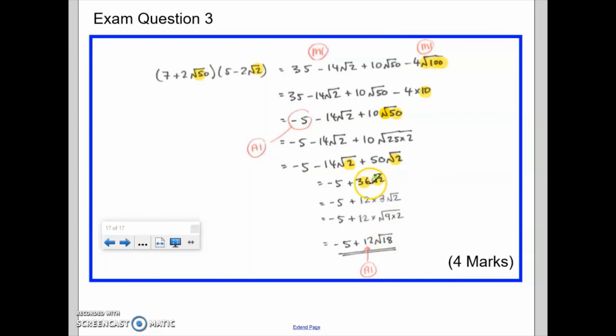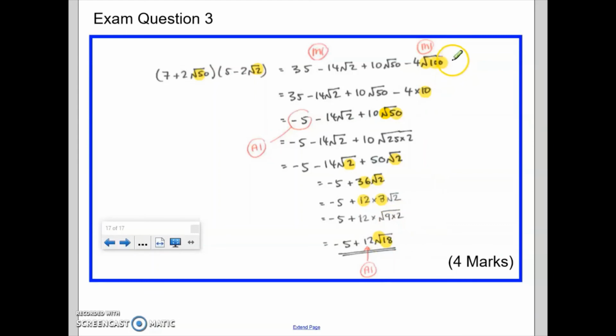So what I've gone ahead and done is I've split the 36 into two factors, 12 and 3. You can see what I did there. I split it into 12 and 3. And then this 3 is the same as root 9. So then I've changed the 3 to a root 9. So then I've been left with root 9 times root 2, which would take me to my root 18.